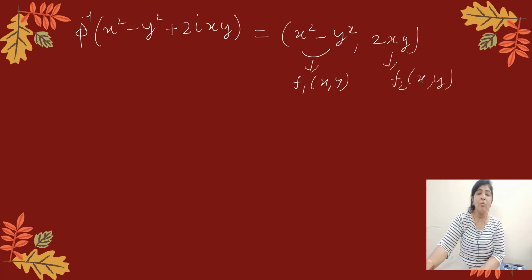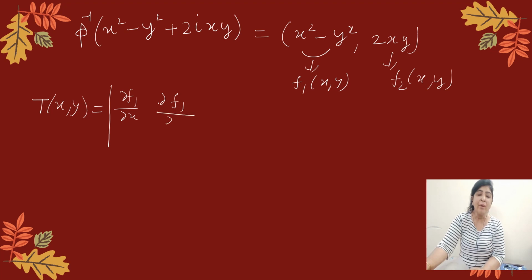Now what is given to us? We are given T(x, y). We know that T(x, y) is the matrix with entries del f1 by del x, del f1 by del y, del f2 by del x, and del f2 by del y.